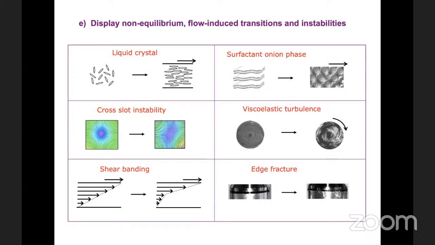The transition tends to set in when the flow rate multiplied by the relaxation timescale is greater than 1. That's something called the Weissenberg number, a dimensionless number that crops up very widely in rheology. These transitions tend to set in when the Weissenberg number is greater than 1.